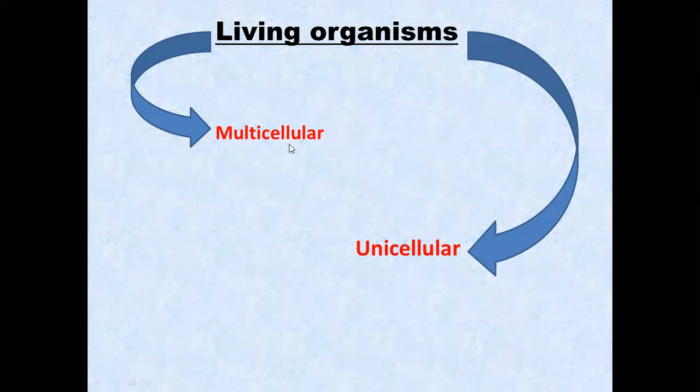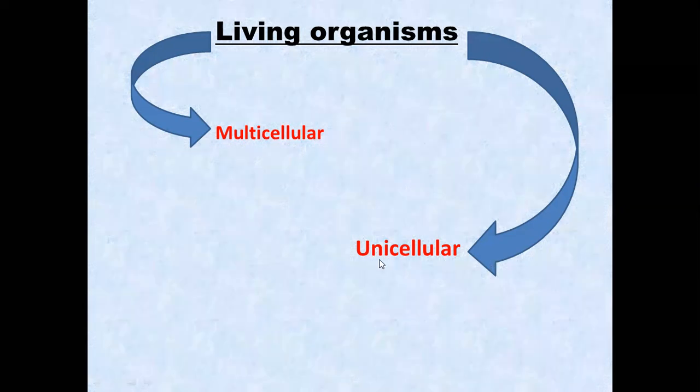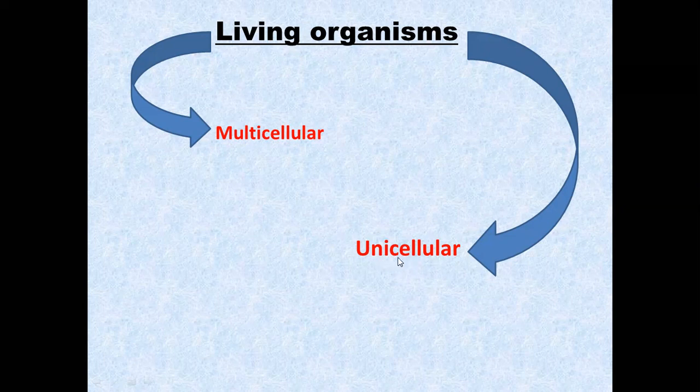It means that we have two types of living organisms. Some living organisms have many cells in their body, and other living organisms are unicellular. Uni means one, one cell.